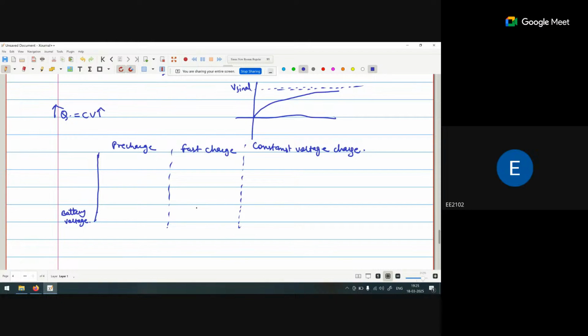Anytime you check it, either in charging or discharging mode, it will not have zero voltage, it will maintain some voltage. That's why in the graph it is not zero voltage, because if the battery voltage is zero, it is quite difficult to charge it.